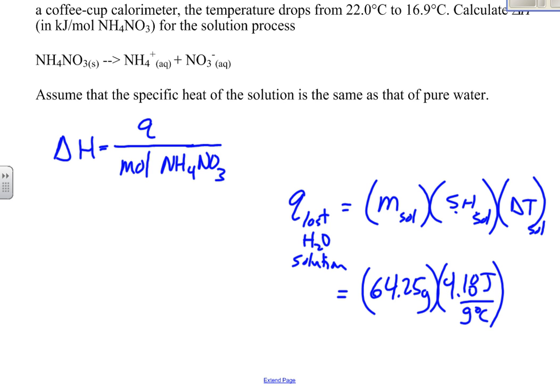And our delta T in this case would be the 16.9 degrees Celsius minus 22 degrees Celsius, or a temperature change of negative 5.1 degrees Celsius. The net change in energy then for the water is negative 1,370 joules.